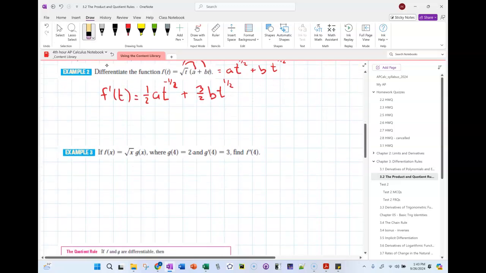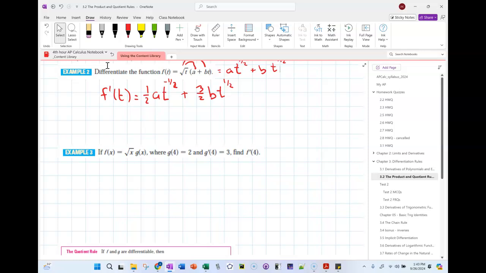All right. Bless you. All right, so let's say we have something that's a little less direct. It says f of x equals the square root of x times g of x. And we're told g of 4 is 2, g prime of 4 is 3, and we're asked to find f prime of 4. So let's just start by calculating f prime of x.